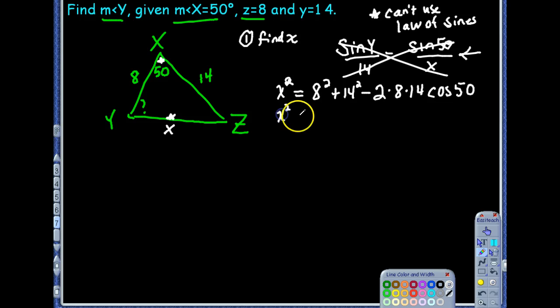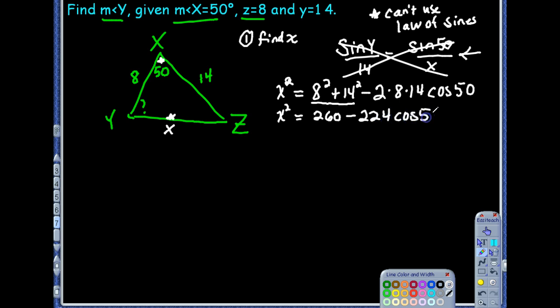What do you think? Should we just type this whole thing in, or do one step at a time? Well, if they type it all in at once, that would be a good check to see if they can get the same thing we can get. So let's just go through each step. If I did 8 squared plus 14 squared, that's going to give us 260. And the negative 2 times 8 times 14 is going to give us negative 224.